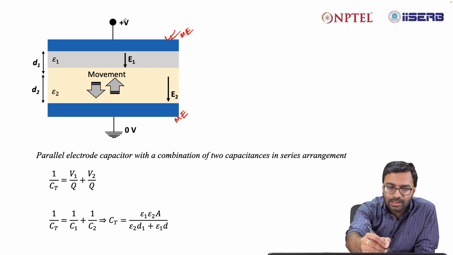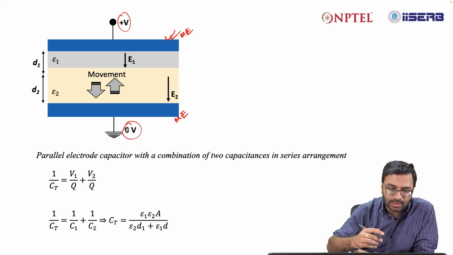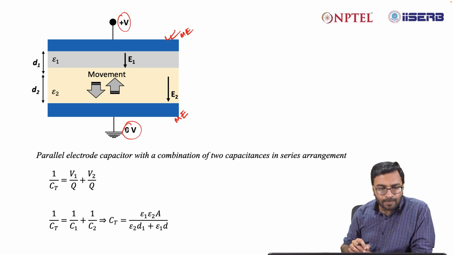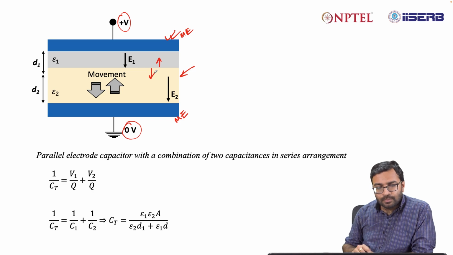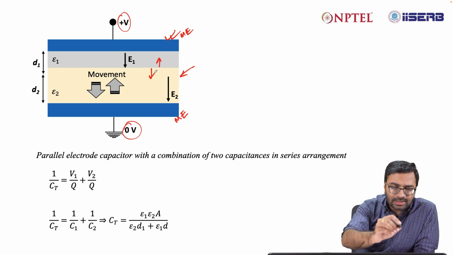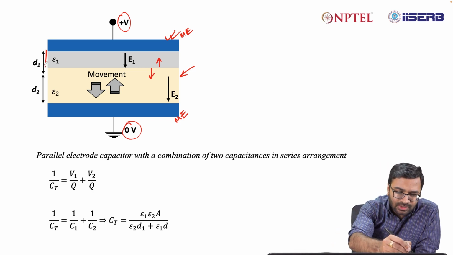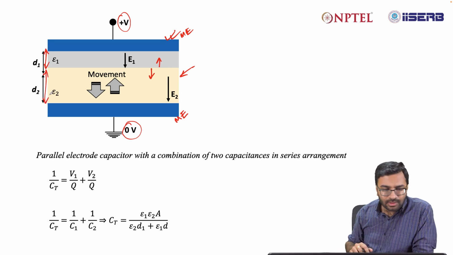Similarly, in the second case you have two metal electrodes connected with a voltage source, and this dielectric material is movable in this direction. Let us consider that at a certain instant this distance is d1 and this distance is d2.